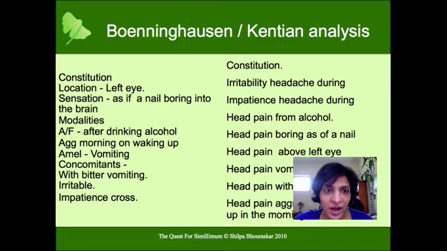So if you realized, I've actually used similar symptoms in both these analyses. It's only differently placed and differently structured because it's a different type of approach. Now, the repertories I've chosen, for the Boenninghausen analysis, I've chosen the Boger-Boenninghausen repertory, whereas for the Kentian analysis, I've chosen simple Kentian repertory.